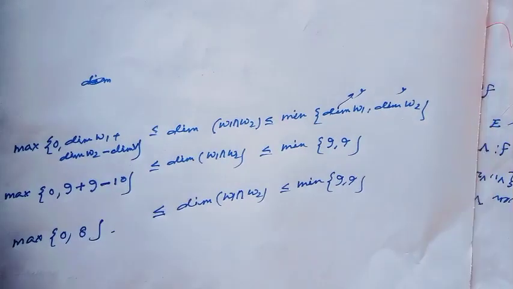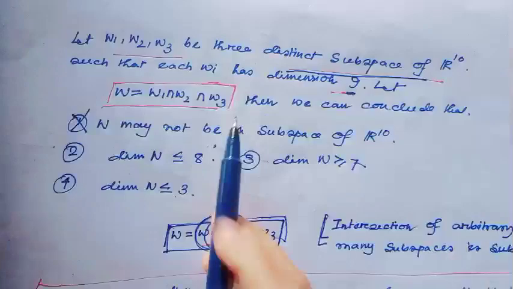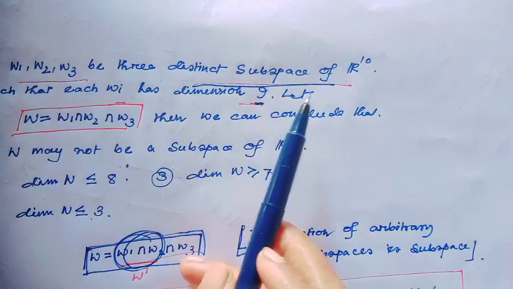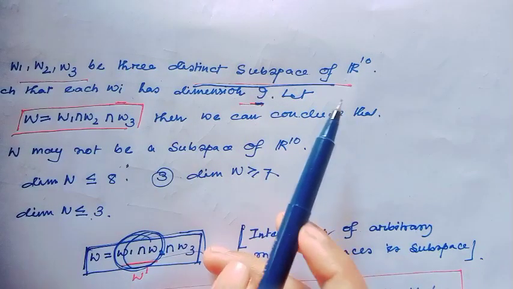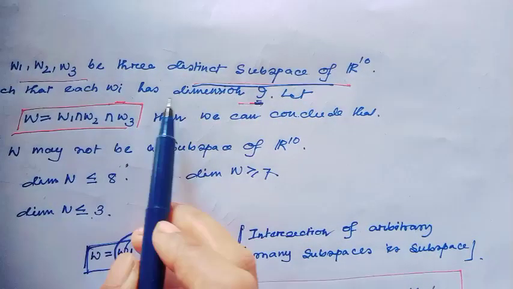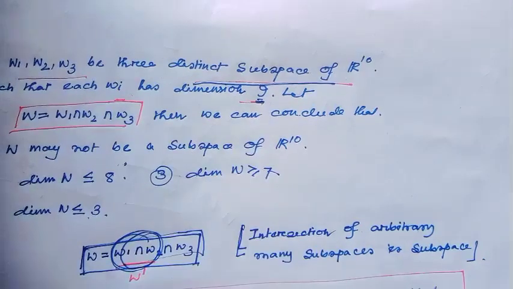But the question has indicated that W1, W2, W3 are three distinct subspaces of R10, each Wi having dimension 9.